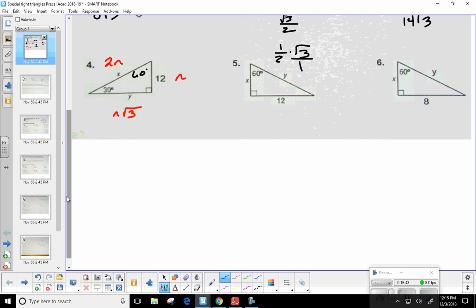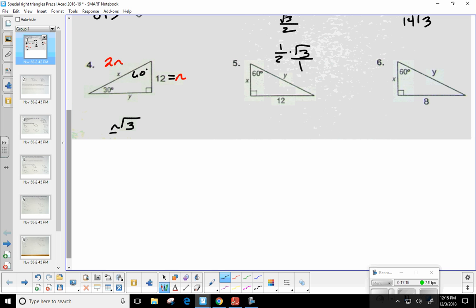All right. So, Rhett, what is the value of y? What would the longer leg be if n equals 12? Remember, if that side is n square root of 3, and I know n is 12, nope, so we have n square root of 3, but we know n equals 12.